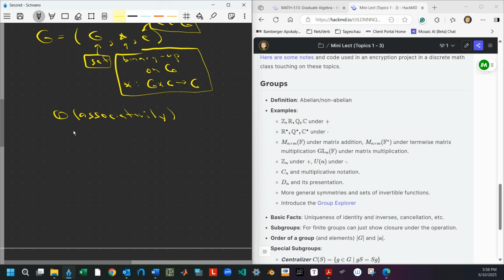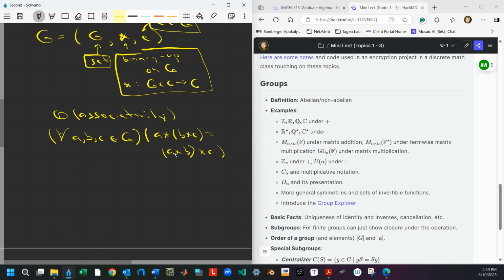What this says is, for all A, B, and C in G, A star (B star C) is equal to (A star B) star C.